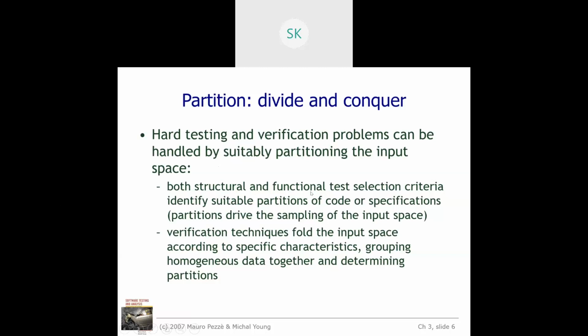Both structural and functional test case selection criteria identify suitable partitions of code or specifications. Partitions drive the sampling of the input space. That is, whatever structural and functional test case criteria we have just seen in the examples, all of those contain suitable partitions of code or specifications. We need to identify which part to go with, how it will be identified and how it will be done.